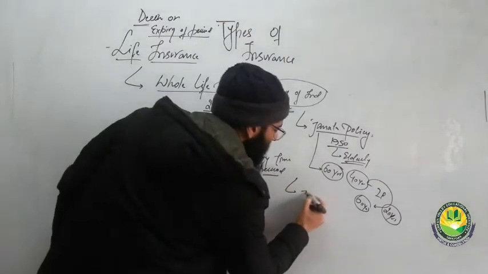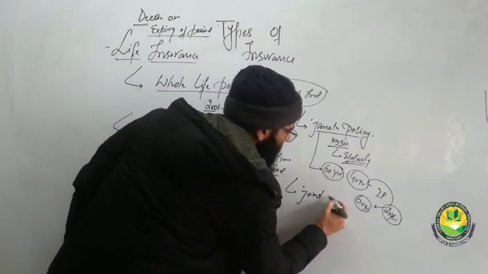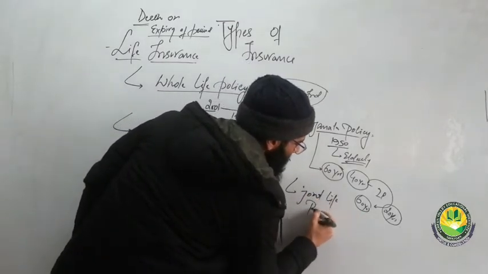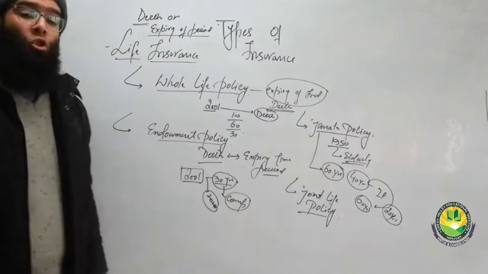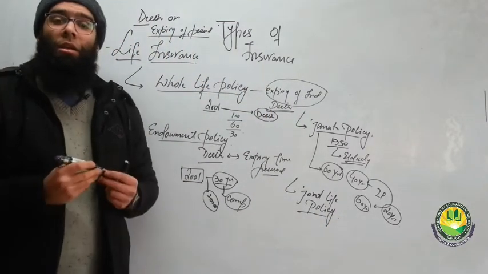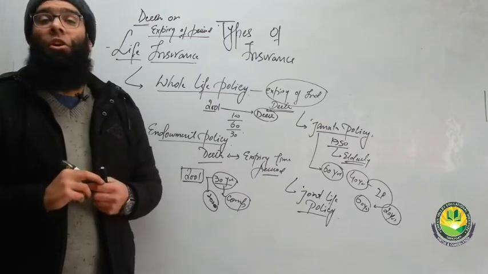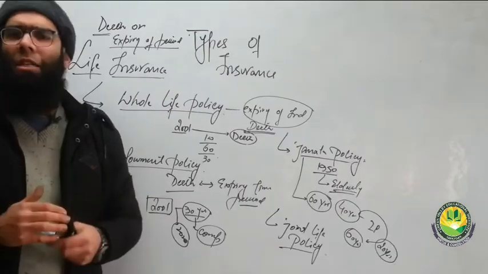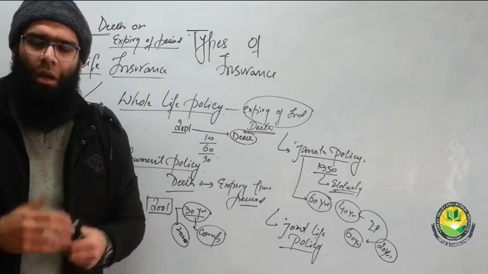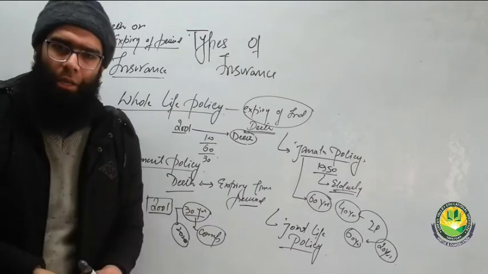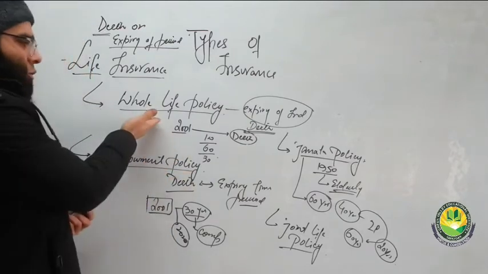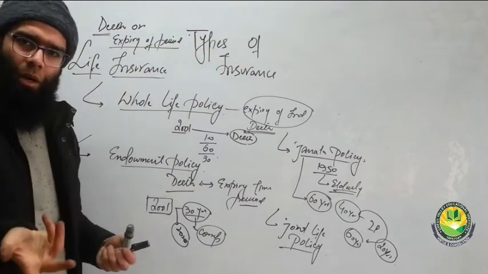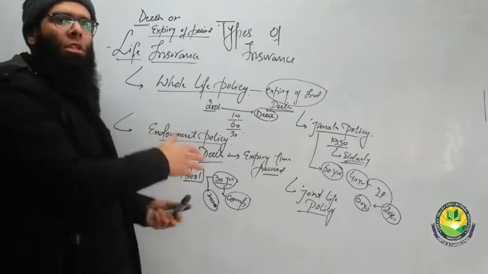Then we have joint life policy. Joint life policy is another special type of policy. If a family has 5-6 members, a father, his wife, his children, normally he has to take up a whole life policy for each and every one, or an endowment policy for each and every one.